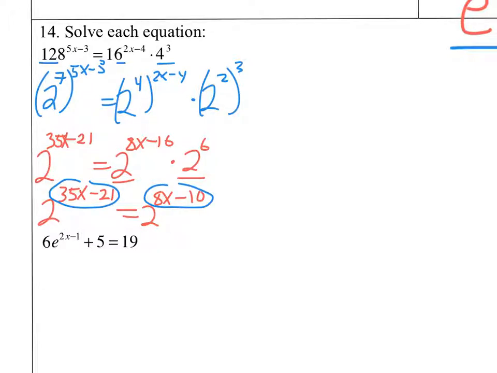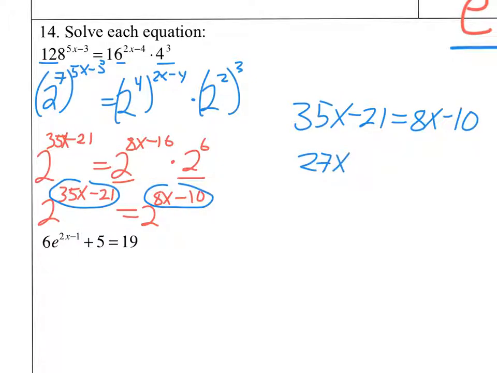That means I could rewrite this as just the exponents. So 35x minus 21 is equal to 8x minus 10. Bring the 8x over, bring 21 over, and we get 27x is equal to 11. x equals 11 over 27.